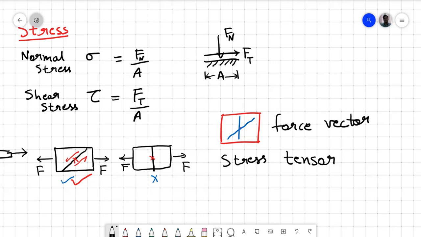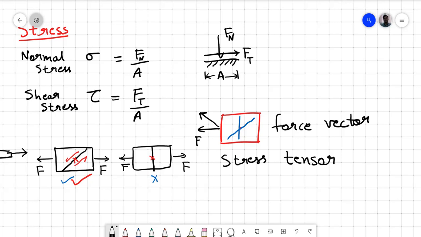Which means that force has a magnitude and a direction. So you can say that the force is acting in this direction or that direction. But a tensor has magnitude and two directions.